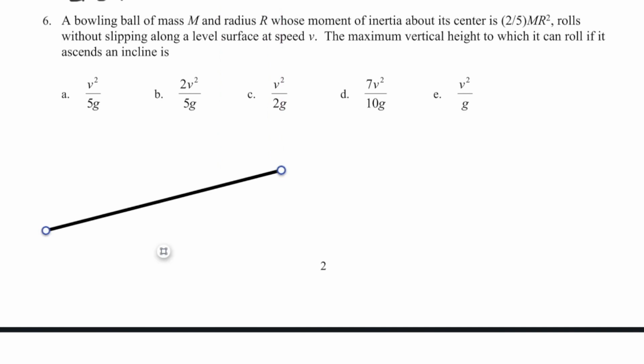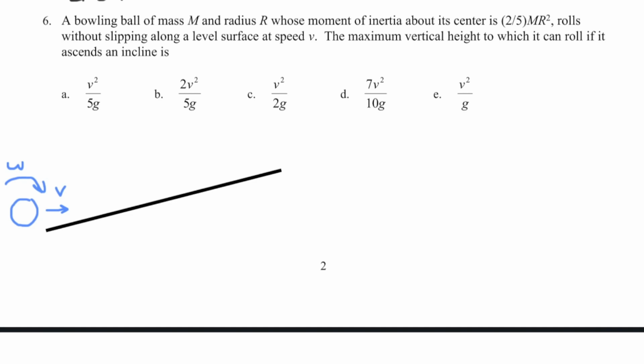So what we have is some sort of object that's not just translating, but it's also spinning. So it's moving at a velocity v, but it's also rotating at an angular velocity omega. So what we have happening is two forms of kinetic energy are getting turned into gravitational potential.